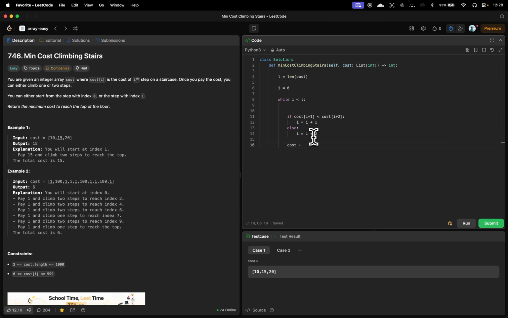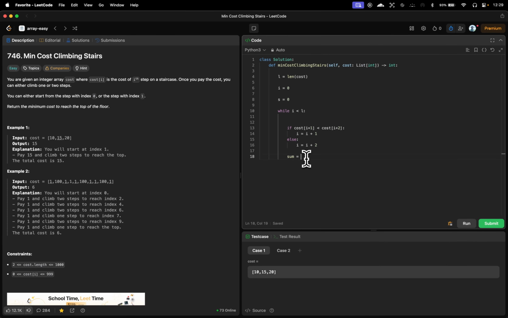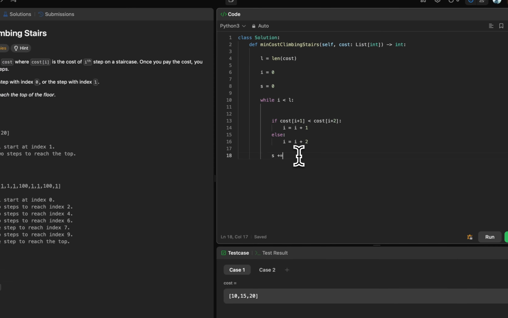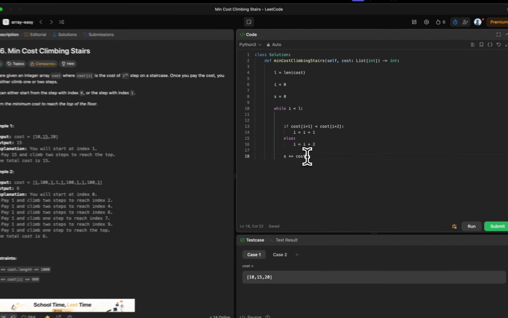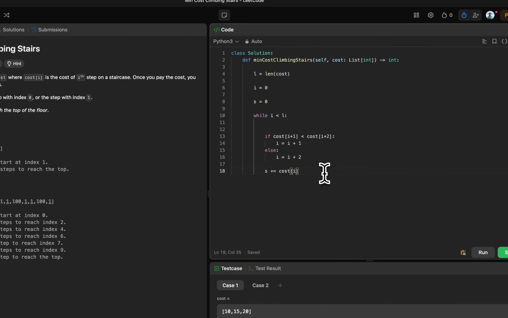Sum equal to this. So sum will become sum plus equal to cost of that specific i value, and now it is incremented. I need to choose which is the minimum.